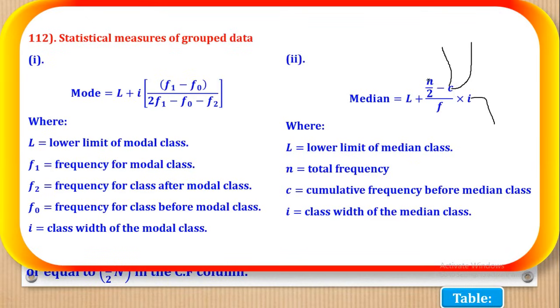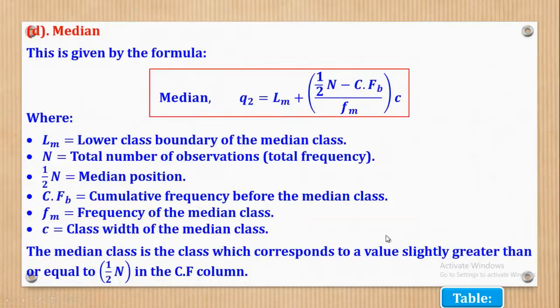Then total frequency, we said it will be denoted by capital N. For them they are using small n. And lower class boundary is LM. For them they are just using L. So the difference is just in the letters we are going to use, but the meaning will be the same. Let's stick to these letters because they are the very letters we used in our O level.